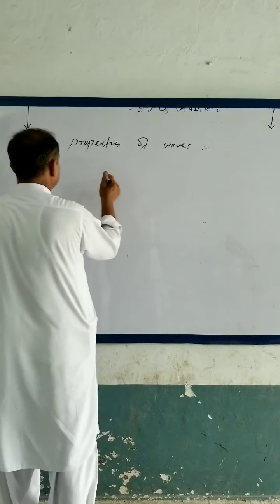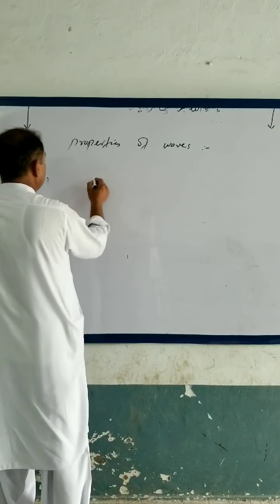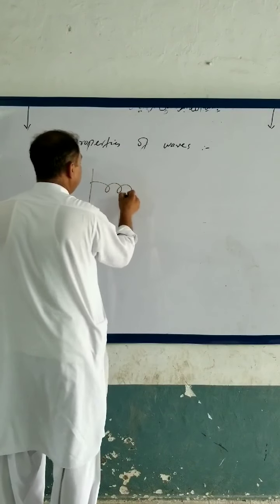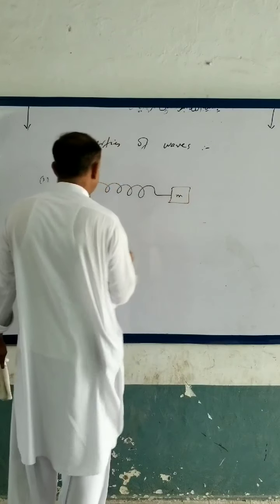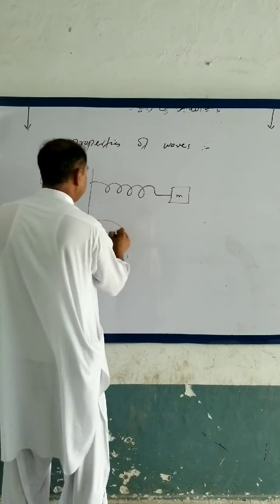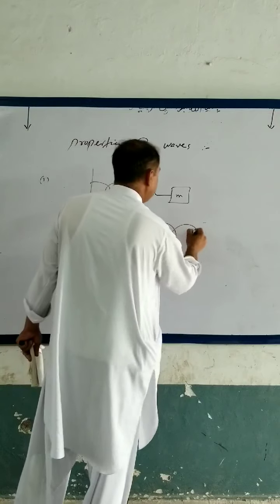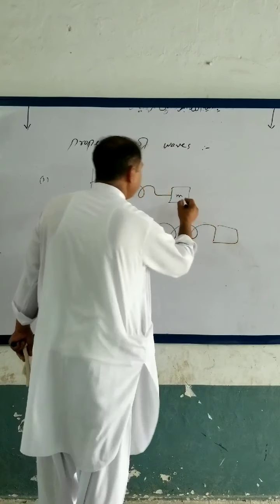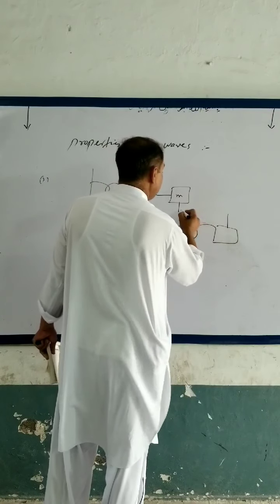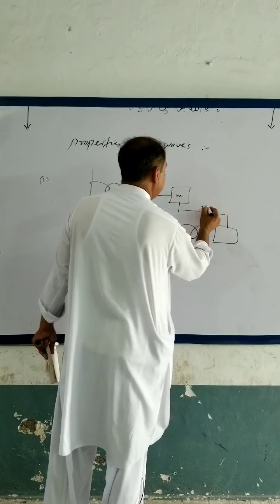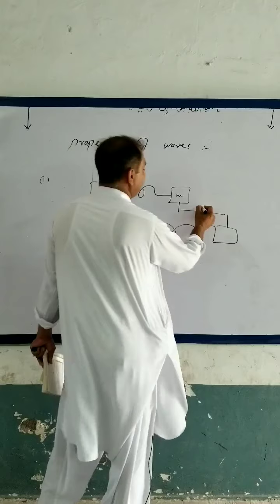Suppose this is a mass attached to the spring. When we displace it from its mean position, this is the mean position, and let's say this is the amplitude.